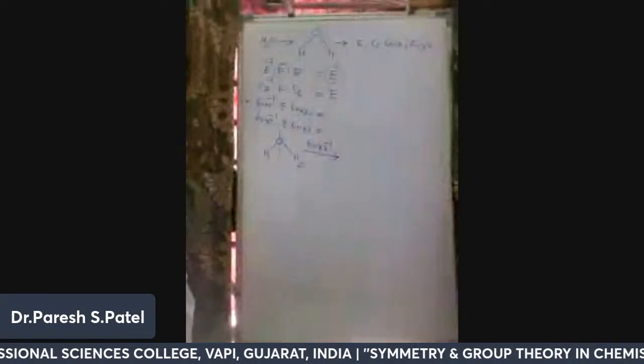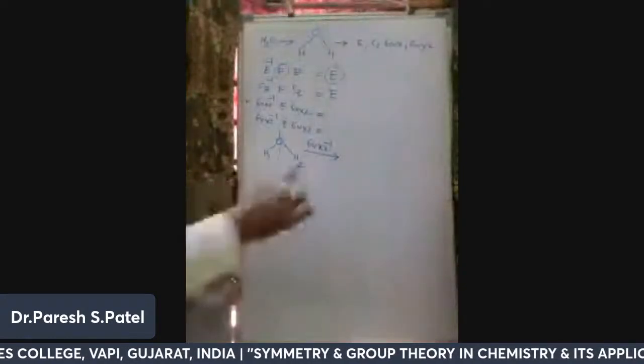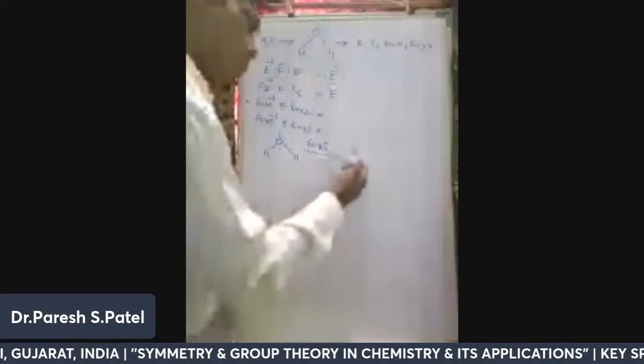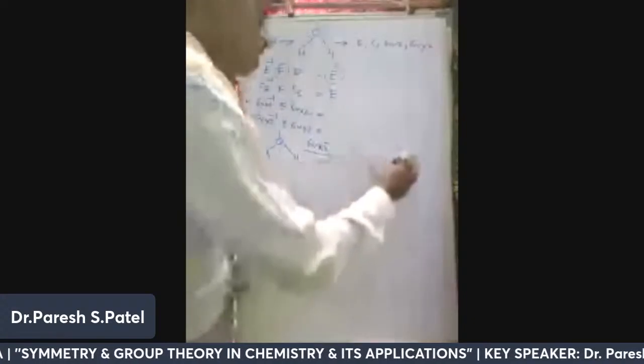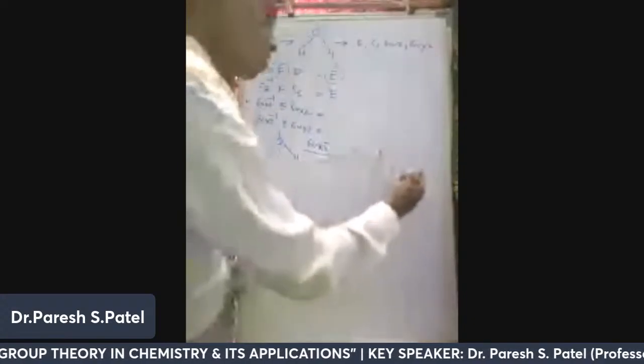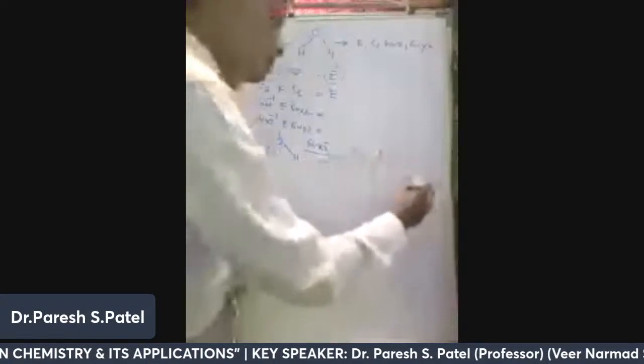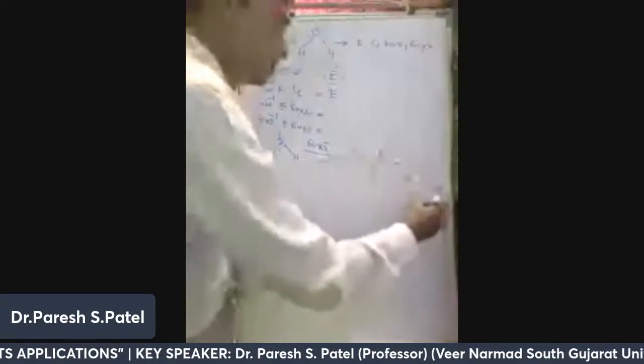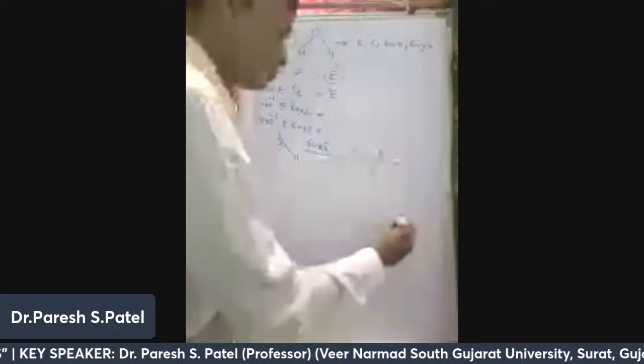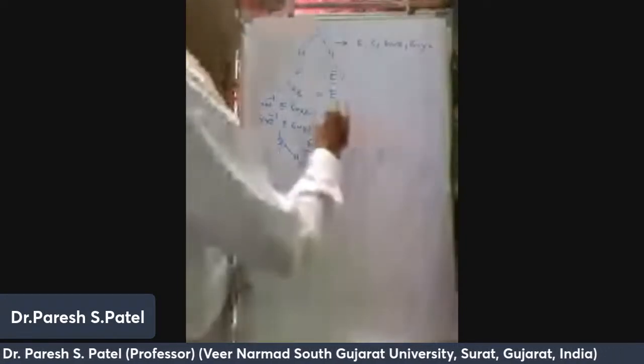Similarly, its inverse will be the same. So there is no change in the position of the hydrogens. Again, identity, no change. Again, sigma V xz, no change in the position of the hydrogens of the water molecule. So the overall result is identity.